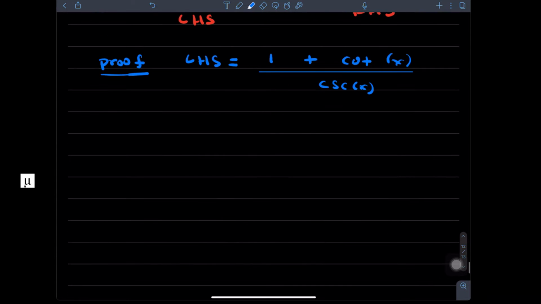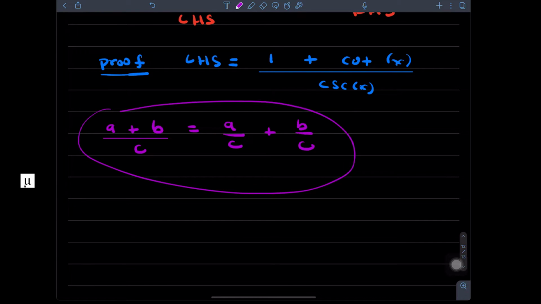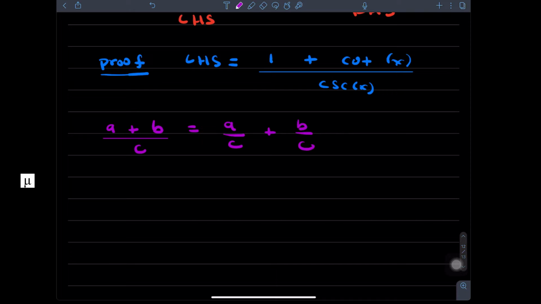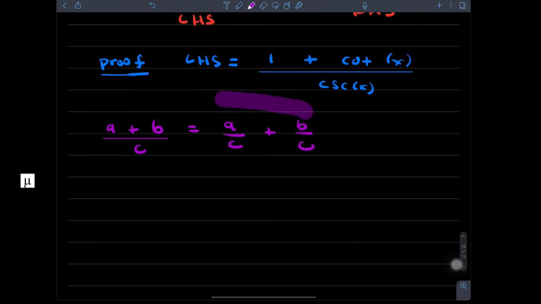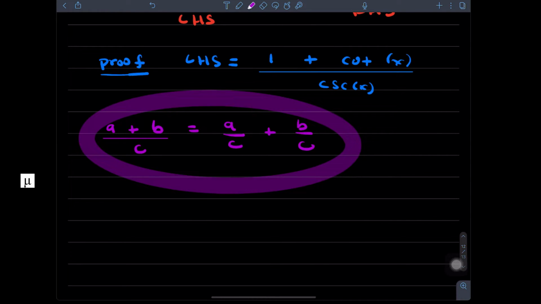Okay, and then you say, well, what do you mean? Again, going back to algebra, I'm going to do the algebra. Remember, when you have a sum, this is A over C plus B over C. It's actually the opposite again of what? Isn't that the opposite of the distributive property? This is thinking of distributing the division by C to both terms.